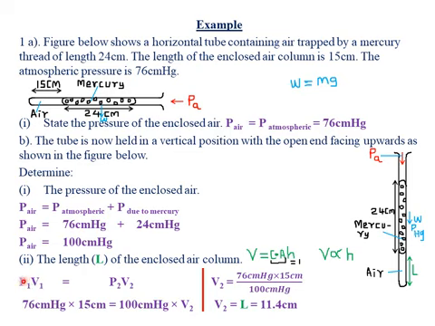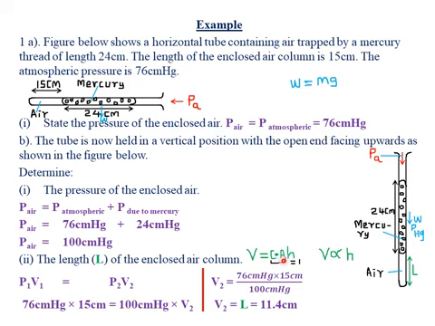Therefore, the pressure P1, so the pressure in the first case of the air, was 76 centimeters of mercury, multiplied by the volume in the first case, the volume of the air column. Remember, we also said that volume will behave the same way as the length of the air column, because volume is equal to cross-sectional area times height.